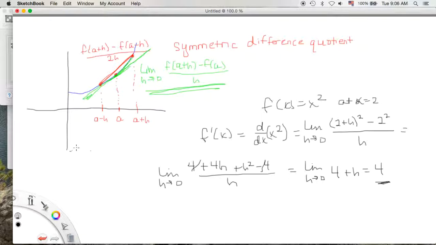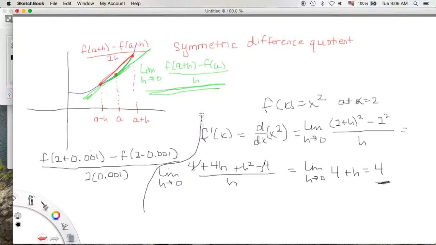It's actually going to put in f at 2 plus, and then probably 0.001, I think your calculator uses something about there, and then f at 2 minus 0.001, all over 2 times 0.001, and let's see, we're running out of space here.